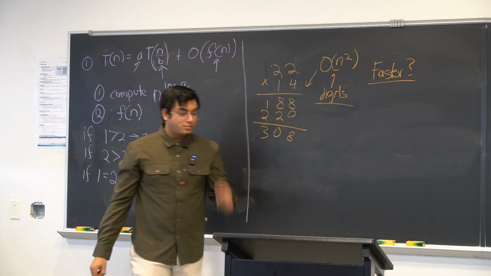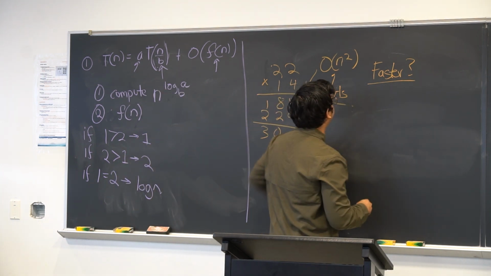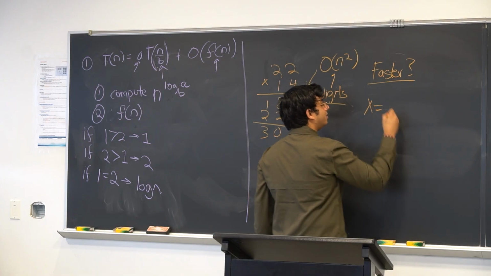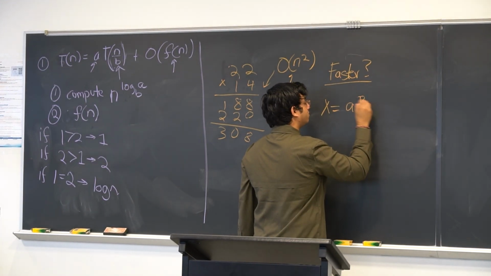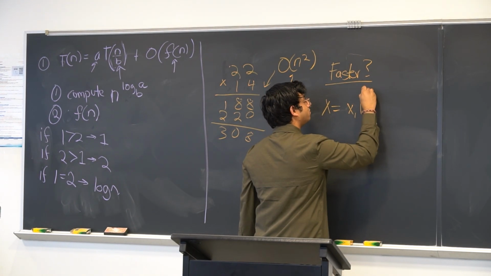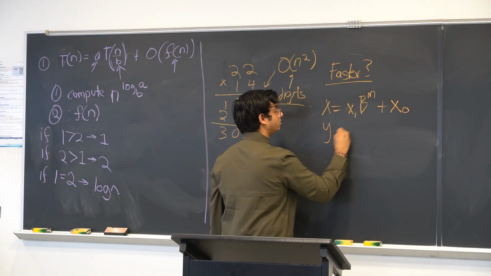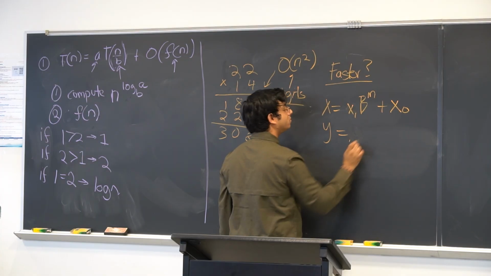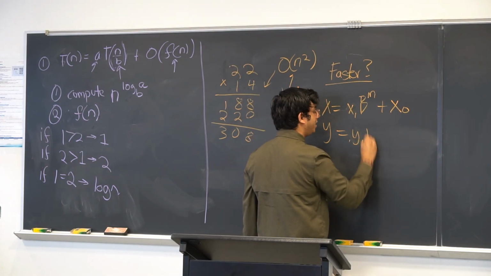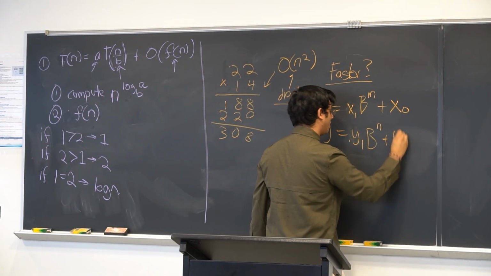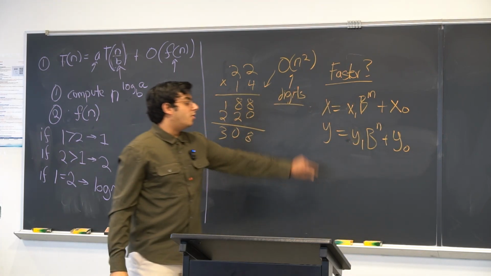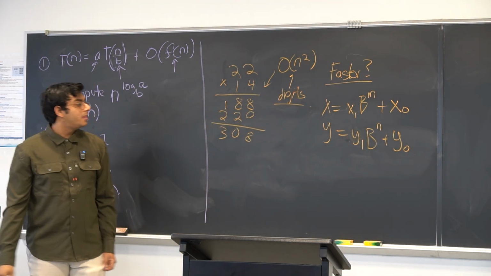So this guy who's dead now came up with this algorithm. y1 b to the m plus y0. Great. So I want to multiply the numbers x and y together.